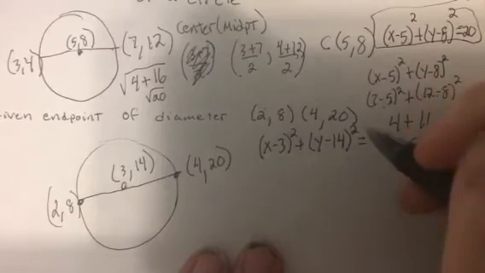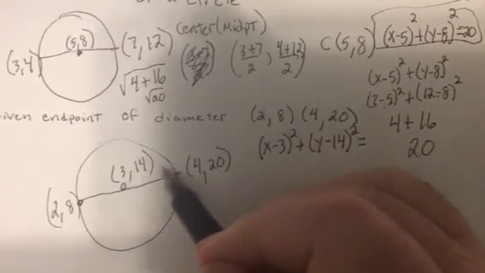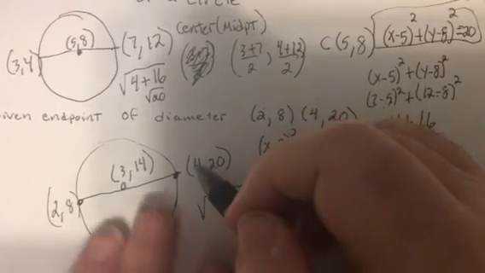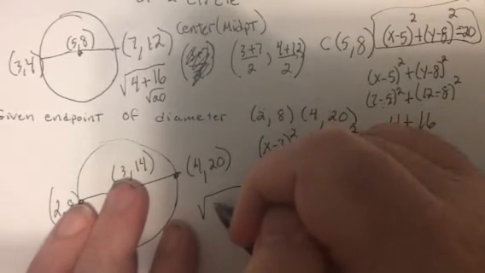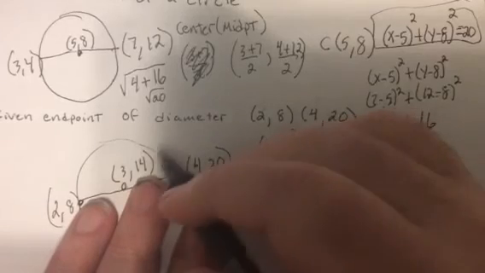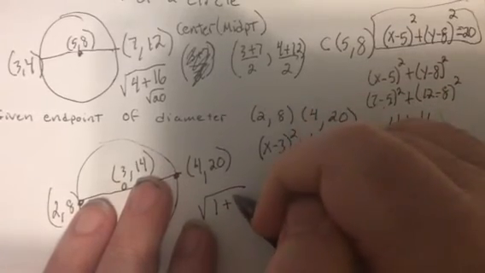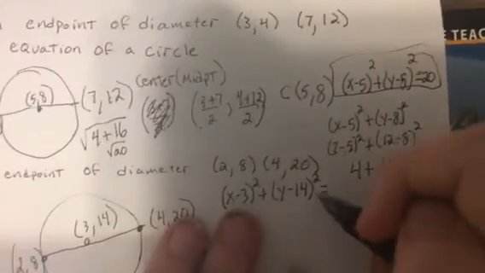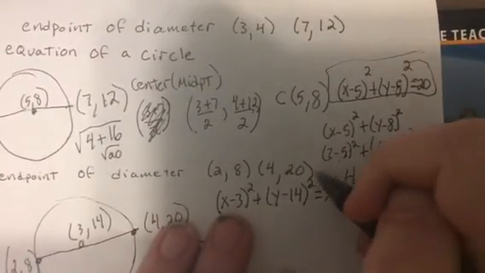So I have two choices. I could find the distance of one radius. That would be fine, which would be 4 minus 3 is 1. 1 squared is 1, plus 20 minus 14 is 6. 6 squared is 36. So the radius squared is 37.